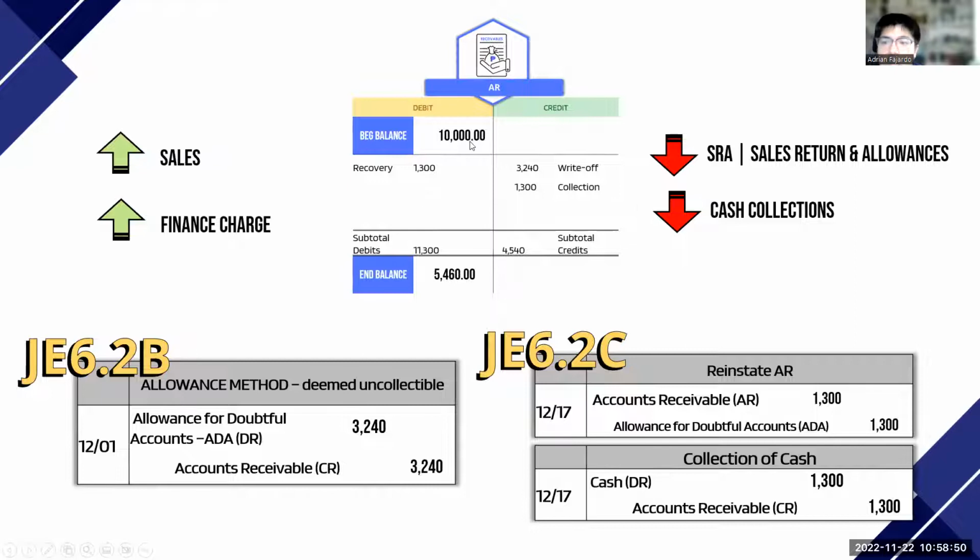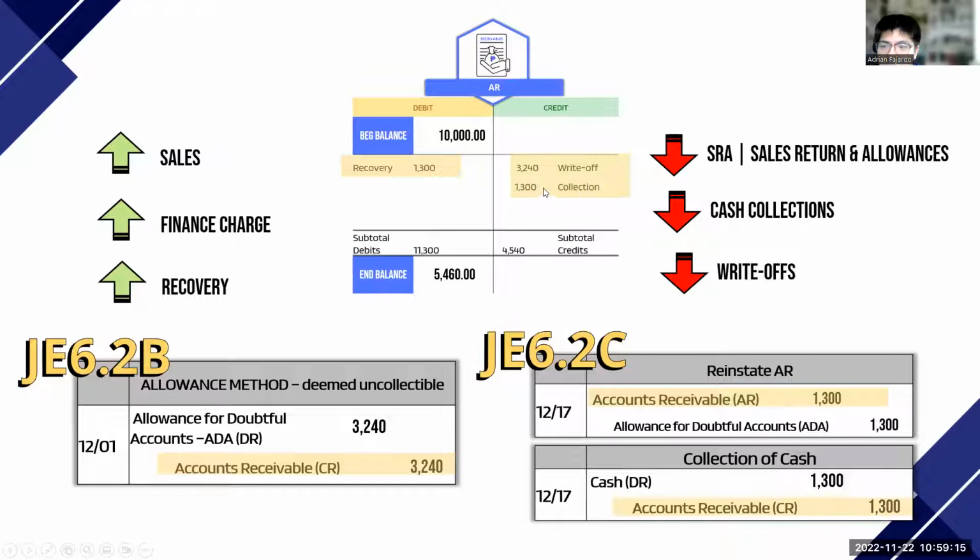Finally, let's look at the AR. Ano ba yung mga journal entries from that scenario that affected AR? Una, nung it was written off, that's the only time it was recognized in AR. So credit 3,240. Next, yung AR mo when it was reinstated or recovered, nagkaroon ka ng debit AR and then nag-collect ka finally ng 1,300. And therefore, our ending balance for your AR for this sub-problem is 5,460.